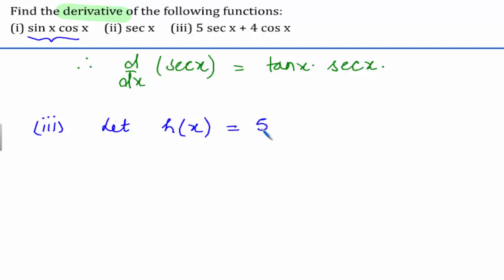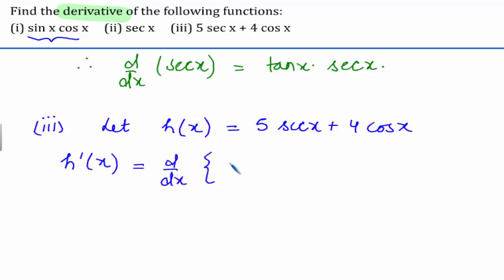Now as we can see here, we are given the sum of two functions and we have to find its derivative, and we know that the derivative of the sum of two functions is the sum of the derivatives of the functions, that is 5 times derivative of sec x with respect to x plus 4 times derivative of cos x with respect to x.